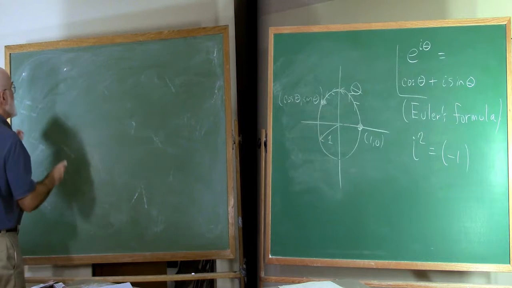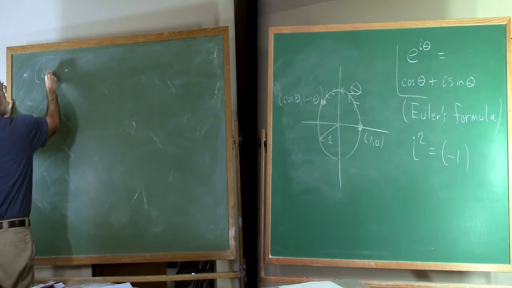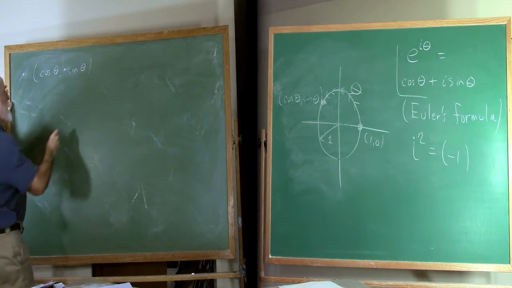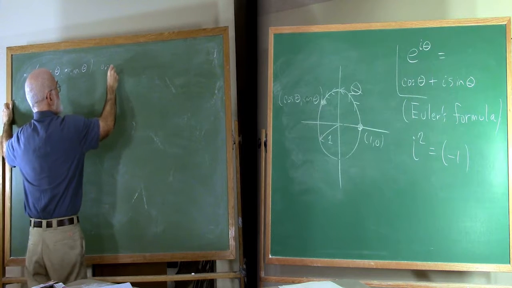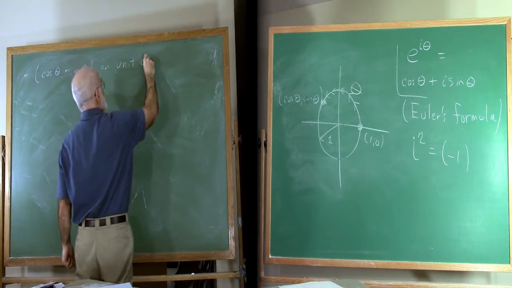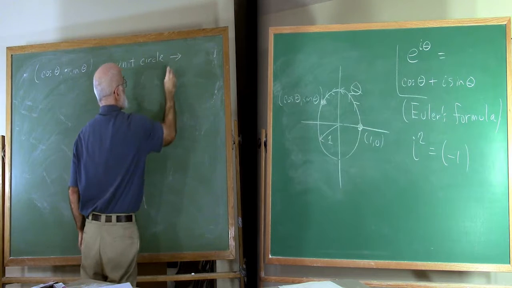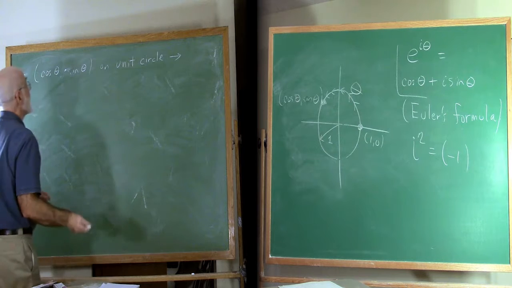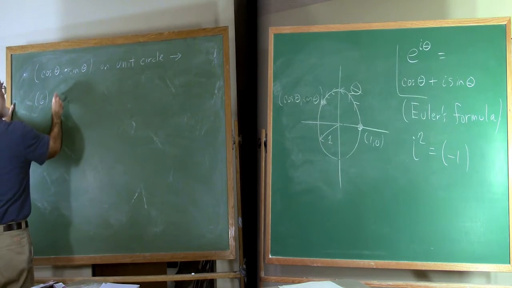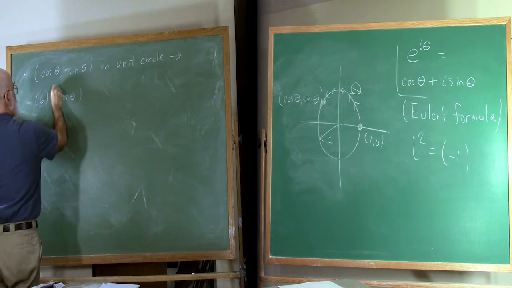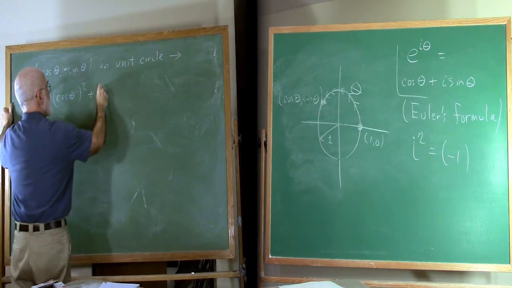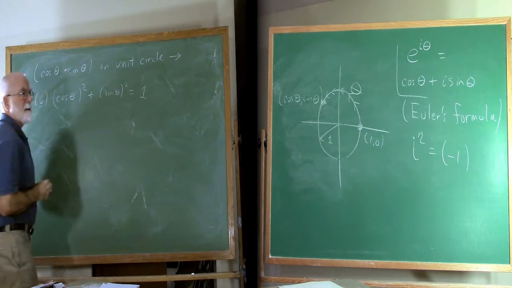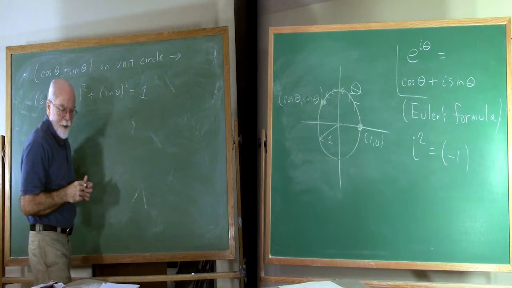So my reasoning here is just to notice that this ordered pair is on the unit circle. That implies, let's give this a number, formula 6, that the sum of the squares, cos theta squared plus sine theta squared, have to add up to 1, just to be on the unit circle.